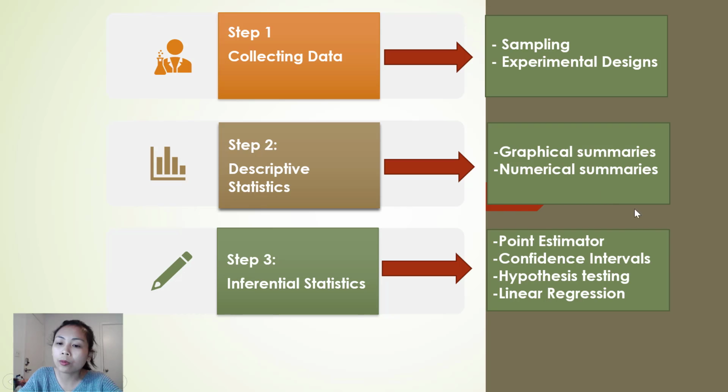Then we are going to do some preparation before we go into step 3, inferential statistics. Point estimator will be covered in chapter 7. Confidence interval and hypothesis testing will be in chapters 8, 9, and 10. And linear regression will be in chapter 11.